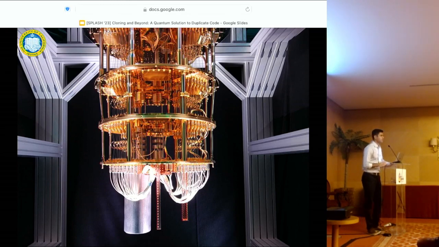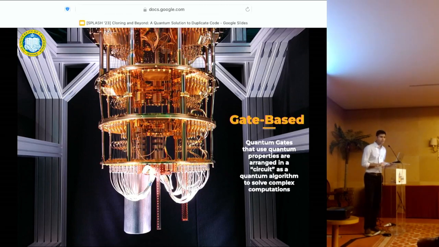You may have heard about universal gate-based quantum computers from companies that are beating their own records in the number of qubits that they introduce into their systems, or beating quantum supremacy every few years. Those quantum computers are gate-based, which means that they use quantum gates to manipulate the state of quantum bits, or qubits, just like a classical computer, but the difference is that qubits are capable of being in a state of superposition, which means that they can be 0, they can be 1, and they can be 0 and 1 at the same time.